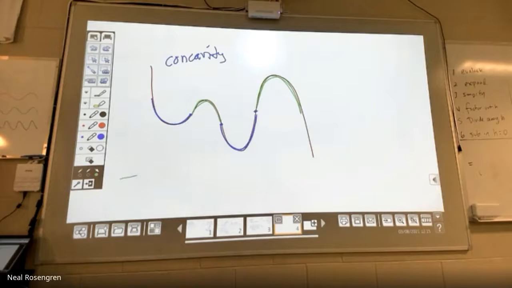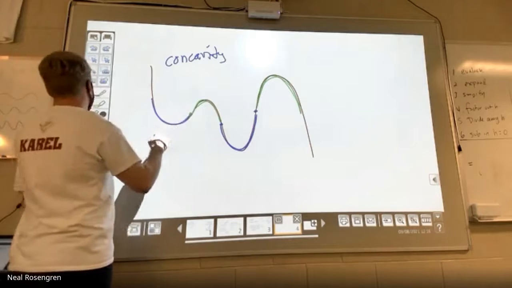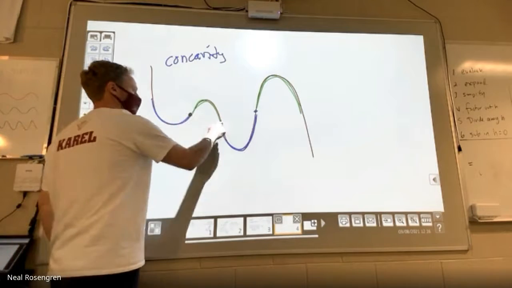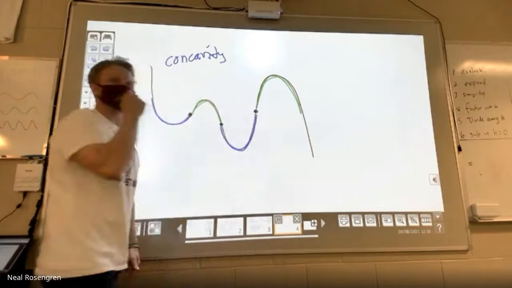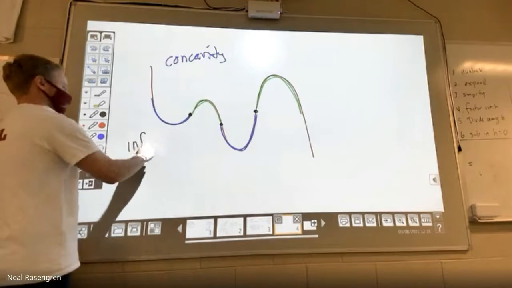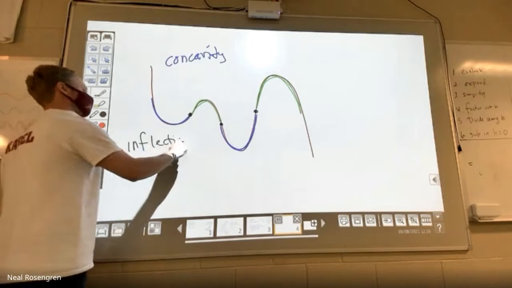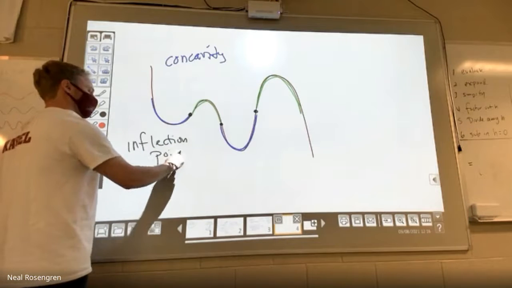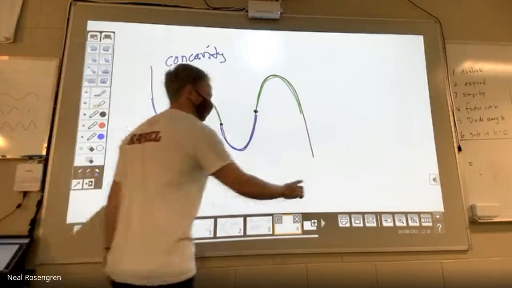Would it fill if I kept doing that over and over again, or would it start to spill over the edges? And so these points right here, where concavity changes, those are called inflection points. Again, we're getting ahead of ourselves a little bit, but hey, why not? Let's talk about it.